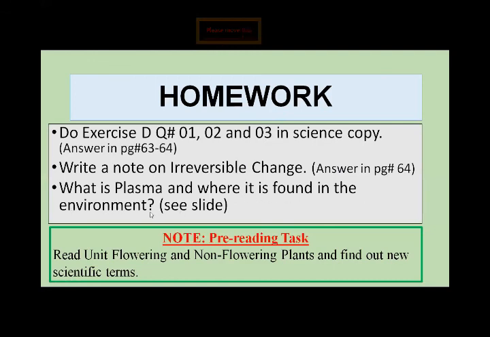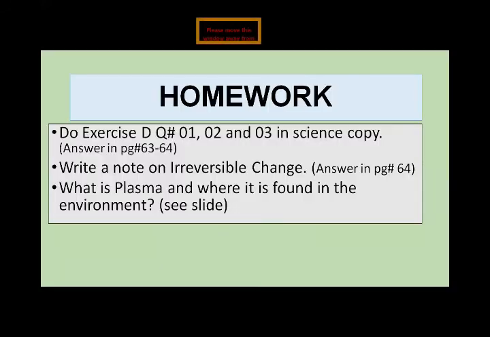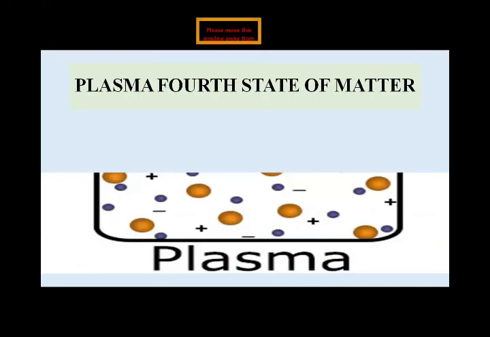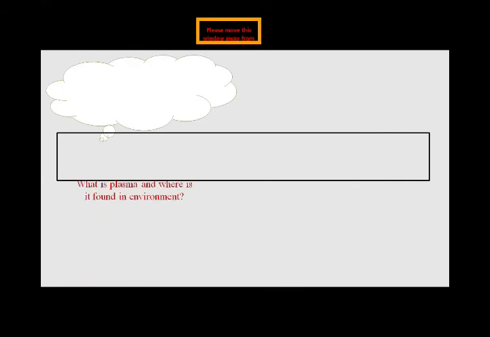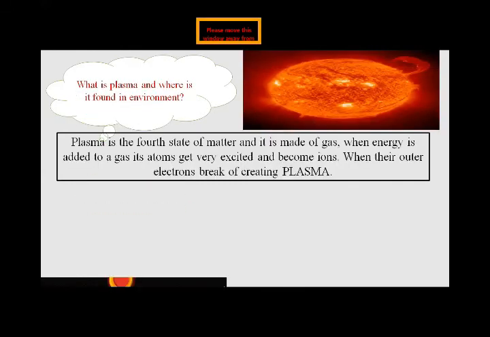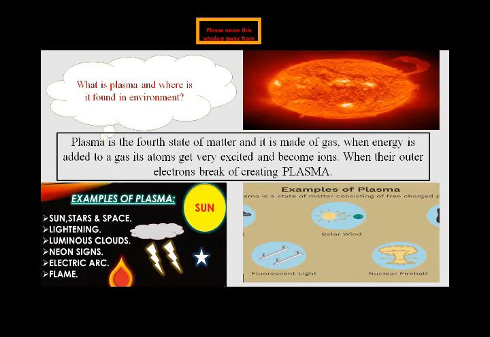You can see the slide and take a screenshot. I repeat the plasma slide, take the screenshot. This is the slide of the plasma. Take a screenshot for the answer to this question.